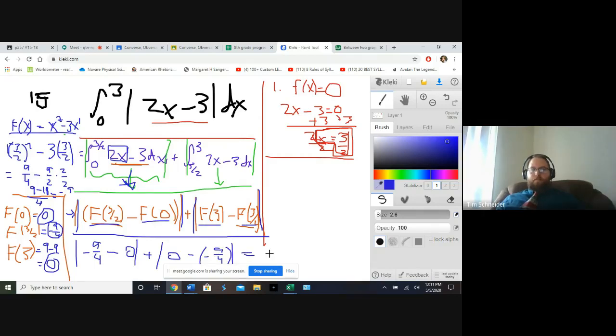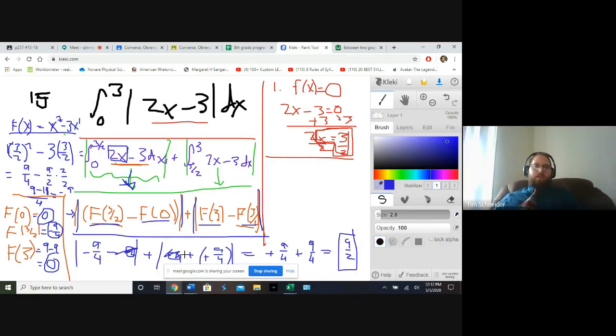In other words, positive 9/4, right? Take the absolute value. The positive version of this is positive 9/4. And then this one becomes positive anyway, but then the absolute value ensures it's positive as well. And so what you get is 18/4, in other words, 9/2.